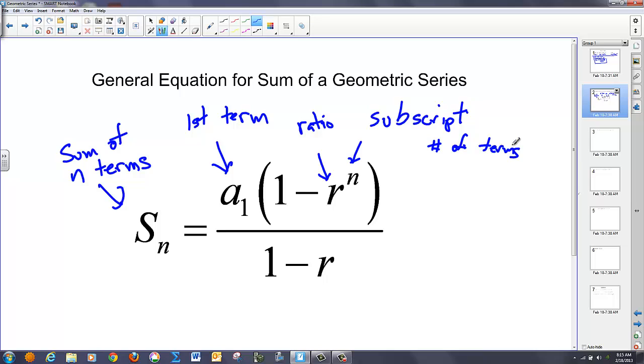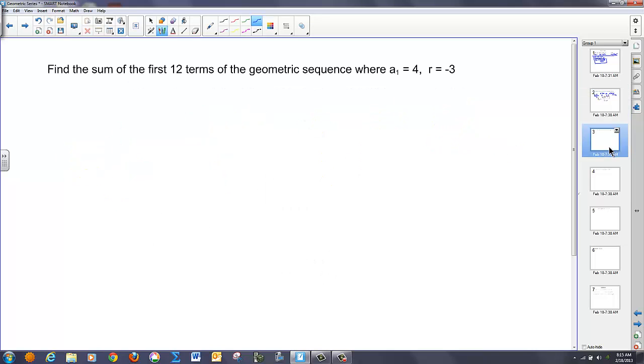Now let's do a couple of problems. So using this formula again, the sum of, it turns out in this case, 12 terms is equal to that first term times 1 minus the ratio to the nth power over 1 minus r. Let's see what we've got here. So like I said, we have the n value.